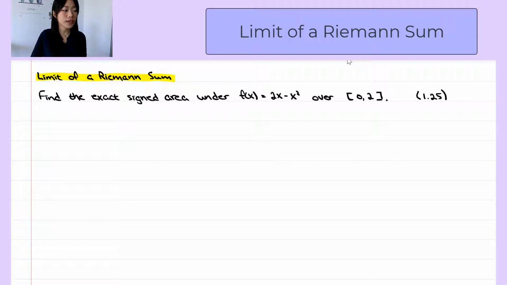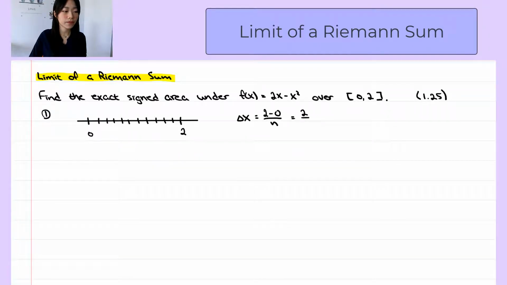So similarly, the first step, we're going to divide the interval into subintervals. The interval is from 0 to 2, and we're going to split this into many subintervals. Suppose we have n subintervals, and the delta x, the width of each subinterval, is 2 minus 0 over n, which is 2 over n.